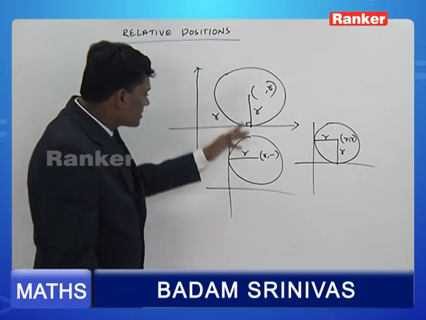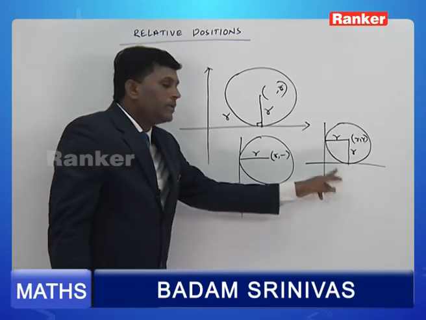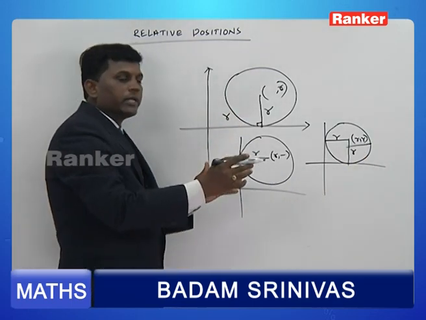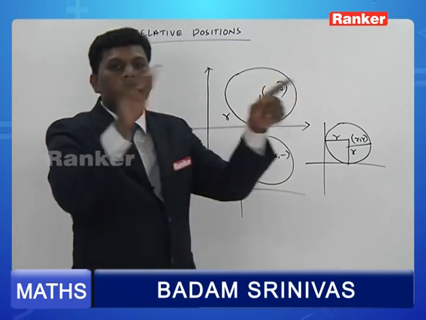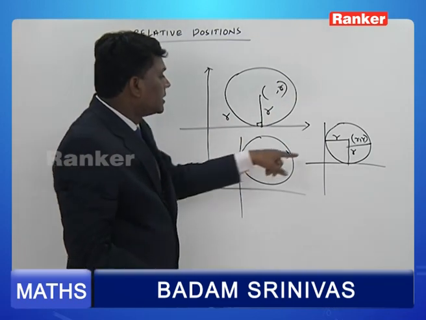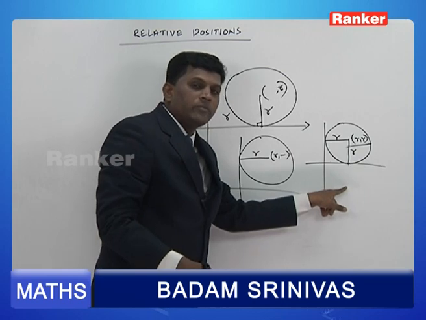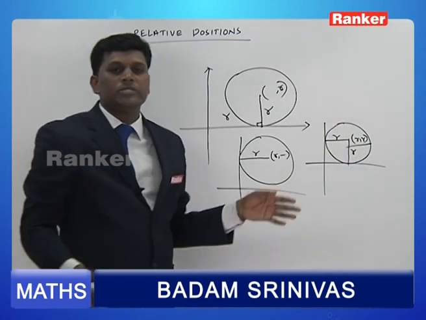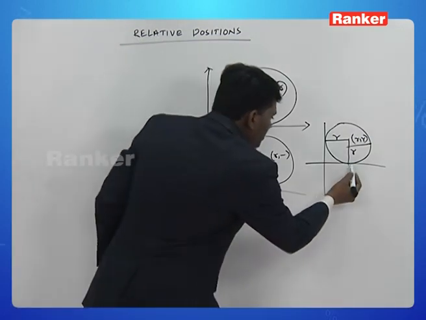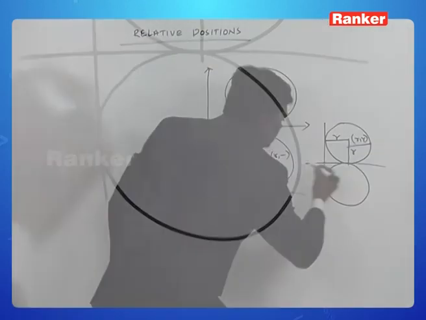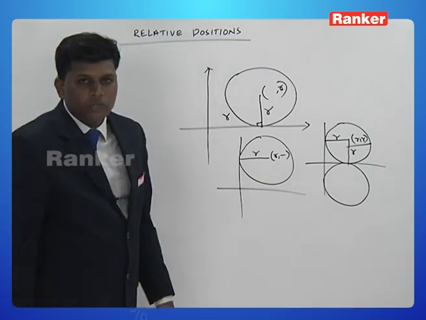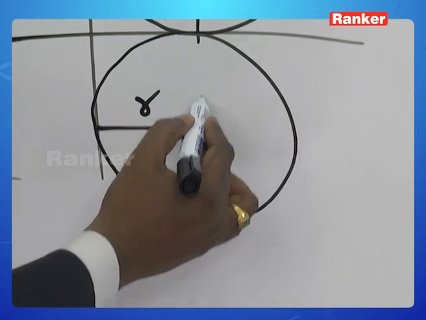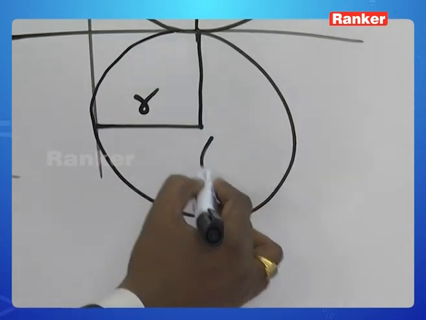By using this way also, geometrically, the center coordinates will always be numerically r and r when it is touching both the axes, but depending on the quadrant in which the circle is touching the axes, these signs will be changing. For example, if this circle is touching both the axes in the fourth quadrant, then this abscissa will be positive and the ordinate will be minus r.